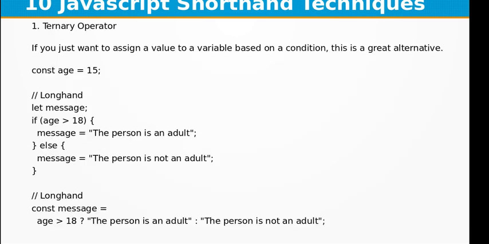The first one is the ternary operator. If you just want to assign a value to a variable based on a condition, that is a great alternative. So const age equals 15.